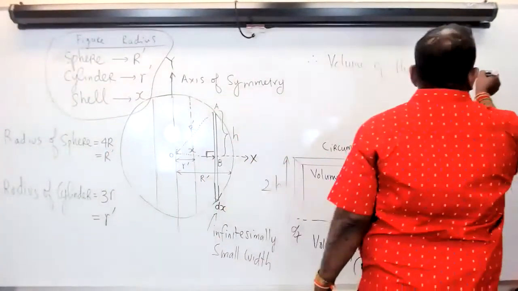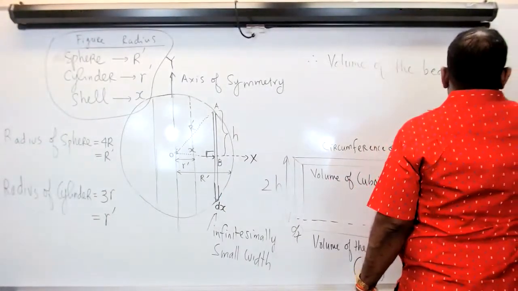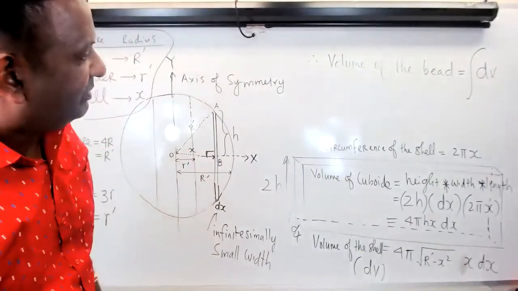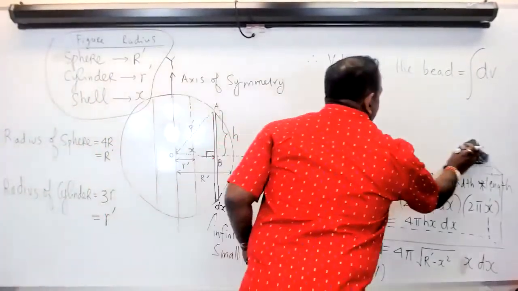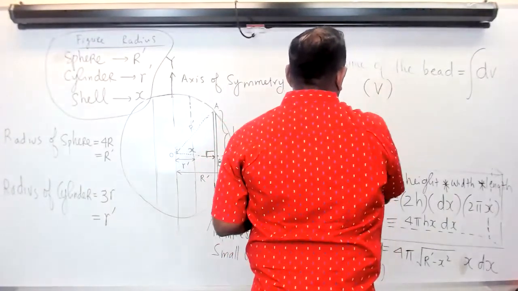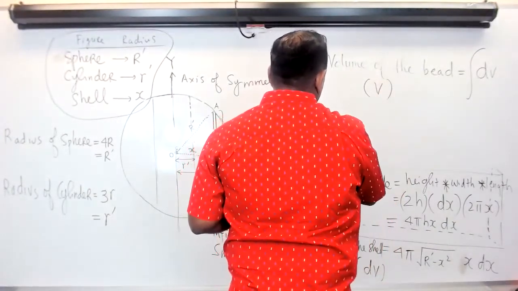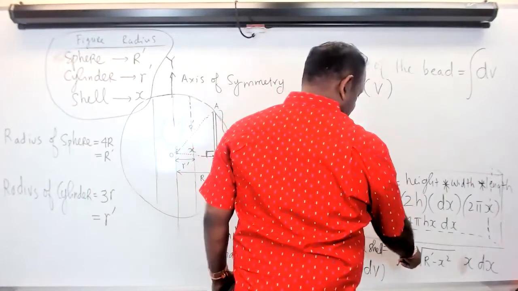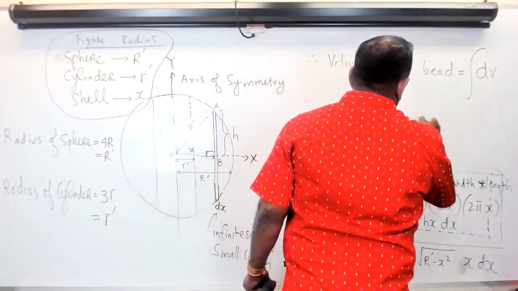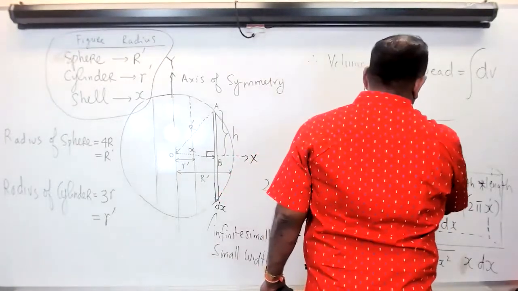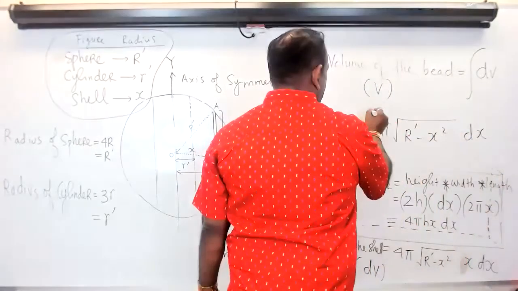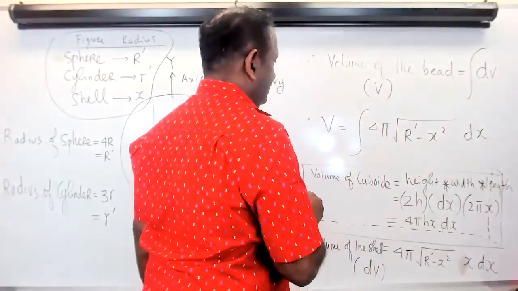You get the dV and integrate, and that would give you the volume of the bead, which is given by capital V. Therefore, capital V is nothing but, replacing dV with this one, 4 pi square root of R squared minus x squared, times x dx, and integrate.